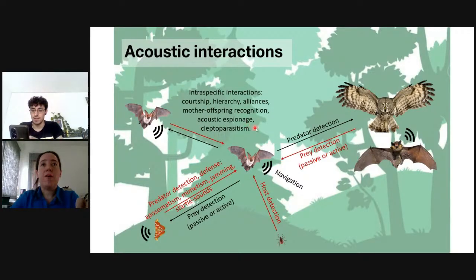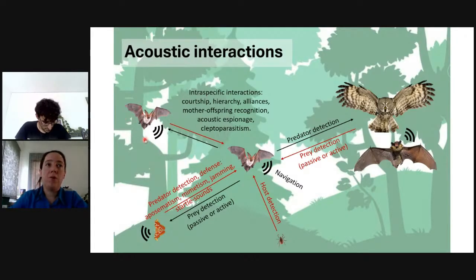And you can also have things like kleptoparasitism, which is when a bat finds prey through sonar, but there is another one of its species that's listening, and it will get to the prey before the one that actually had the trouble finding it. And those are just some examples.